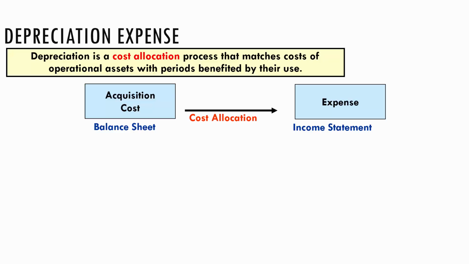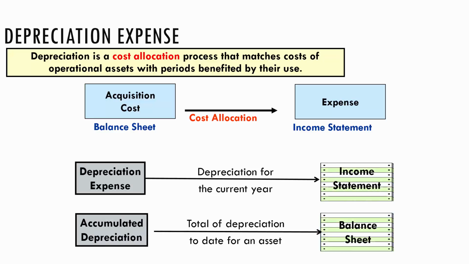And oftentimes we don't even talk about the balance sheet because we don't want the reader to assume the balance sheet is market values of anything. It tends to show cost, acquisition cost, plus any other capitalized costs such as buying new tires, replacing an engine. But this expense is depreciation expense, and depreciation expense will show up on the income statement.